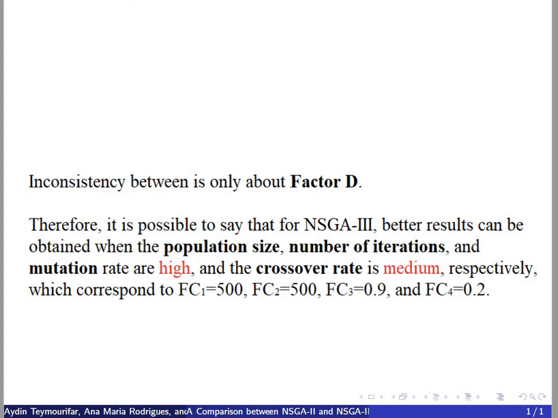So, since there is less inconsistency for the results of NSGA-III, we use the Taguchi method to define the level of parameters.